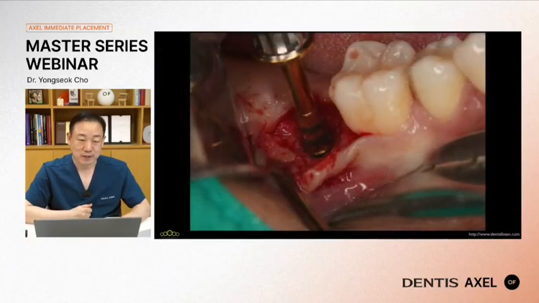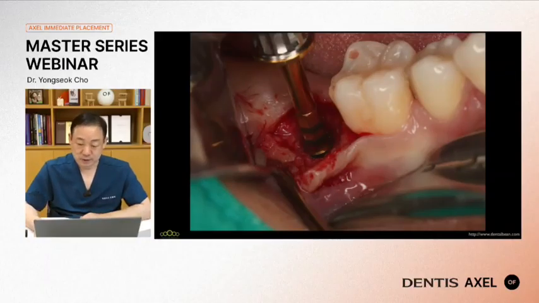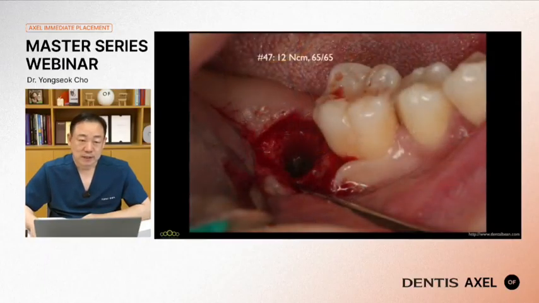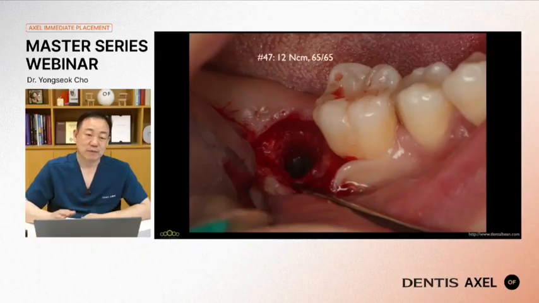Carefully control the depth and the path of the implant. I could get 12 Newton centimeter, relatively weak, but the ISQ value was 65. I feel it is not bad to connect the healing abutment in such a situation.